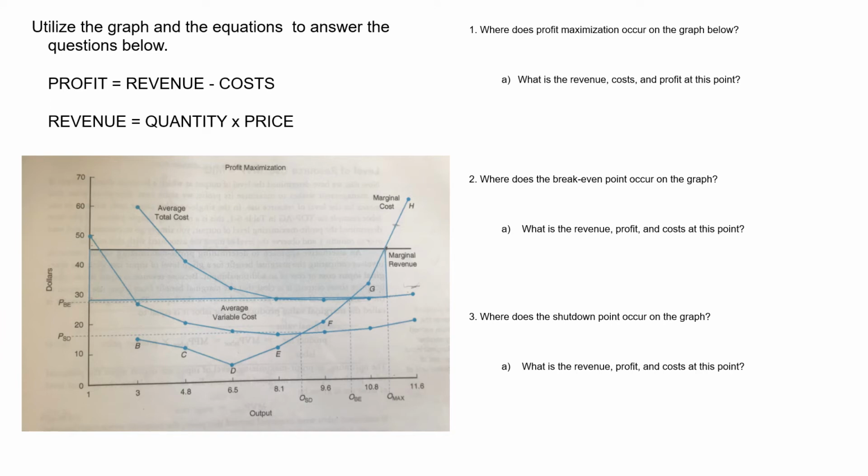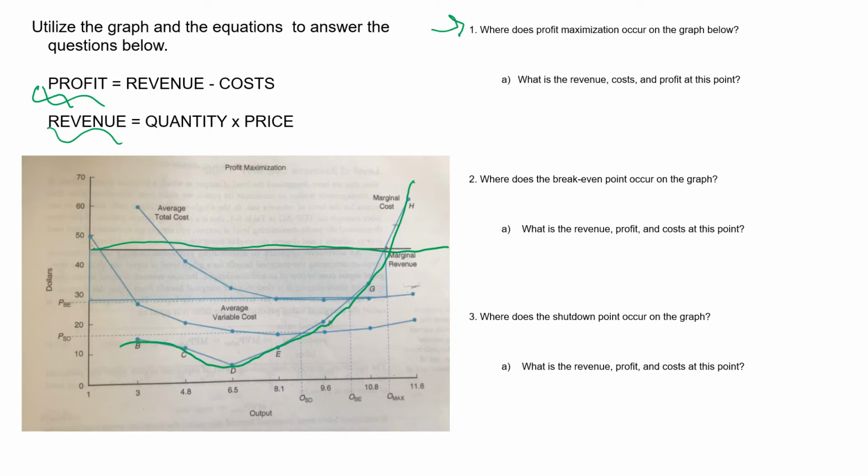Let's apply some of these concepts to practice problems, some questions here. So looking at the same graph, and given a couple equations here for profit and revenue. First one we've already answered, but we'll look at it again. Where does profit maximization occur on the graph below? Profit maximization occurs where the marginal revenue curve meets the marginal cost curve.